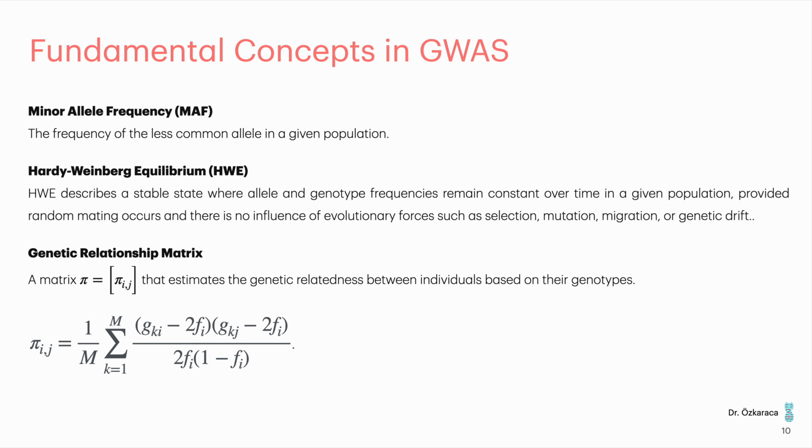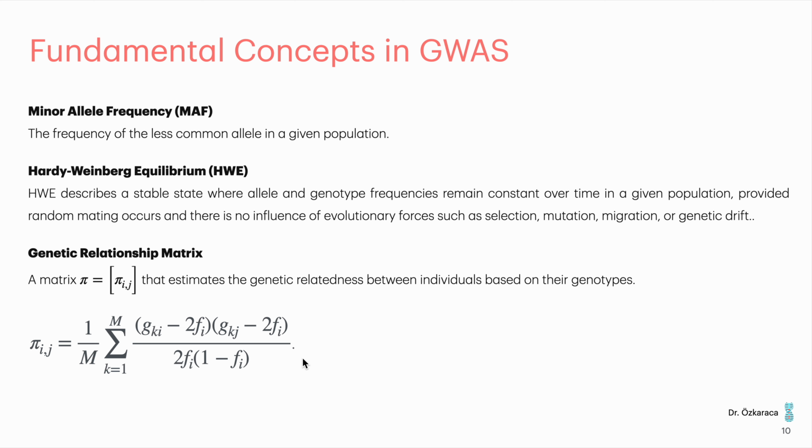And lastly, the GRM is the extension of the coefficient of relationship between individuals, and indeed this is a matrix that estimates the genetic relationship between individuals, and its entries are calculated by this formula. That might look scary for someone who does not have any statistics background, but you don't need to worry about that.